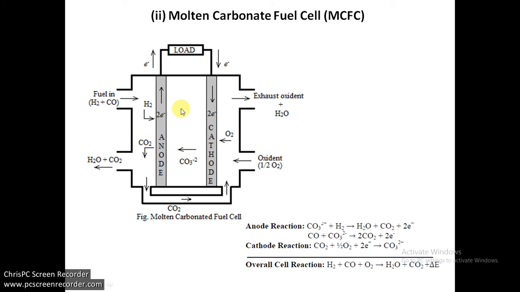This electrolyte is capable of transporting carbonate ions from cathode to anode. This is a very remarkable point. It allows movement of carbonate ions from cathode to anode, and electrons move in the external load circuit from anode to cathode to generate electricity.